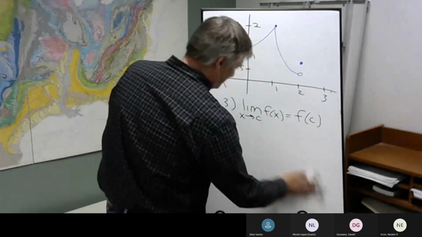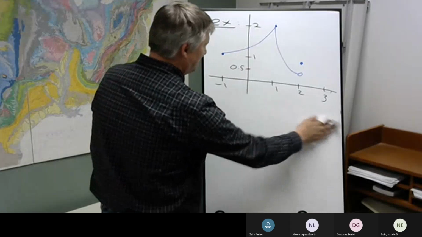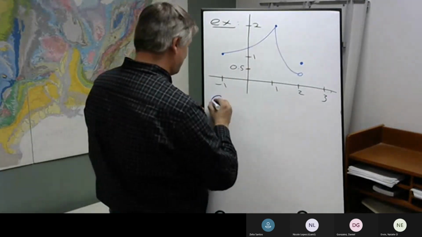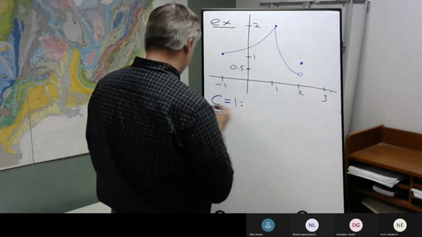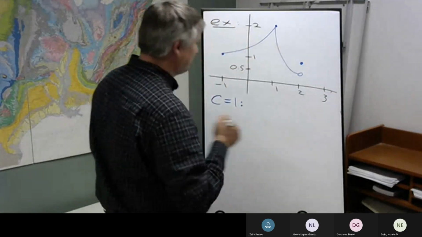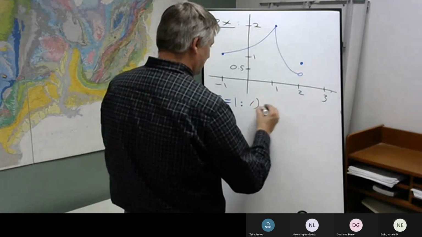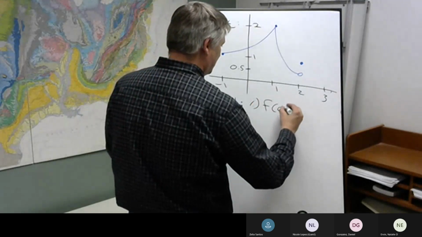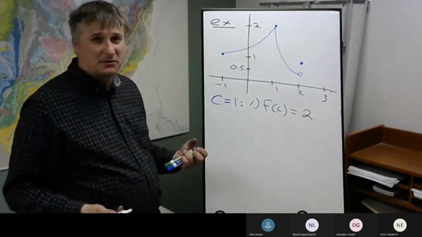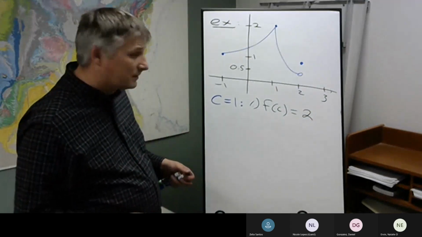So for c equals 1? Well, first off, f of c is equal to 2. It does exist, and it's equal to 2.